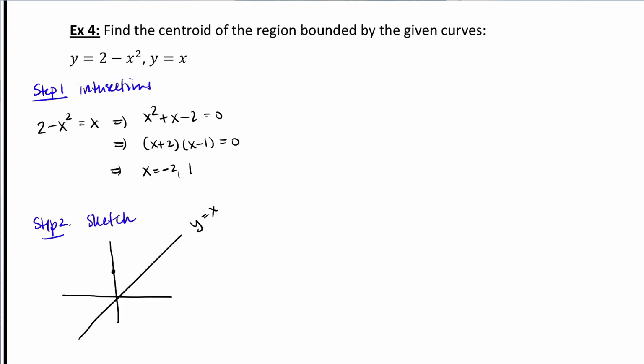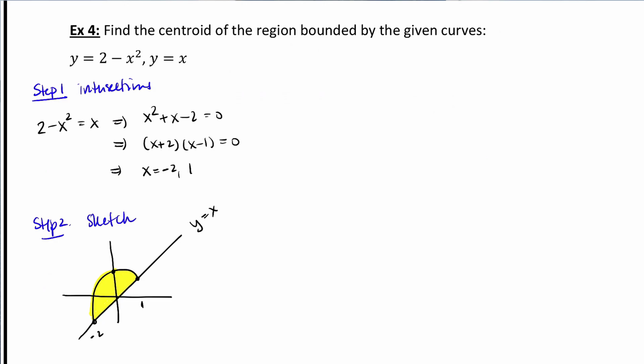And then here, the intersections are here and here. And again, just because we just did it, this right here is -2. This right here is 1. And this is the region that we're finding the centroid of, okay?